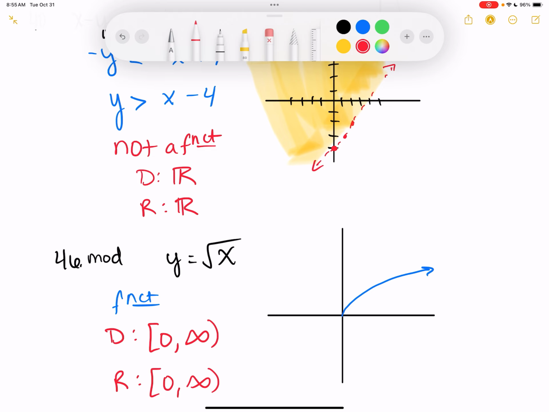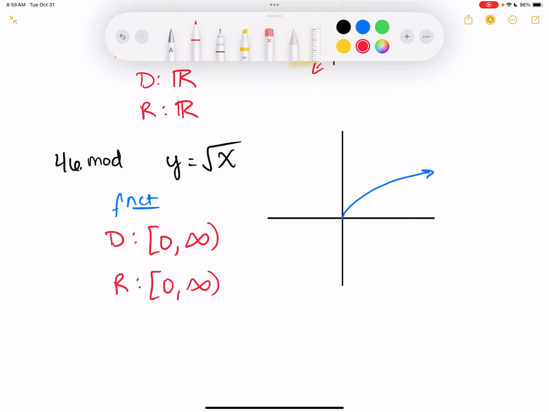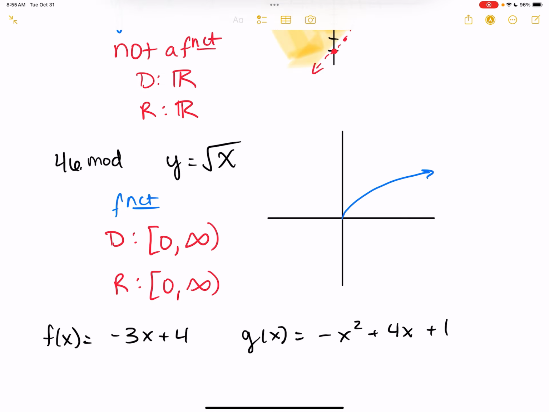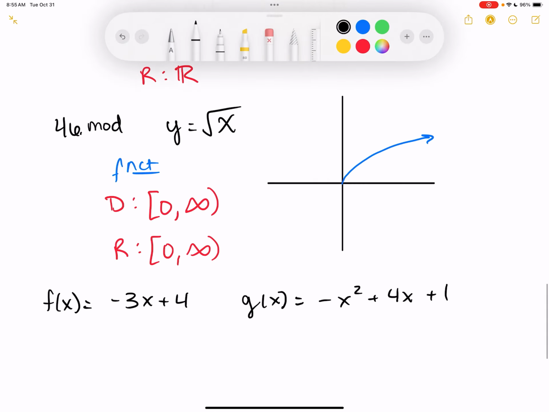All right, the last problems give us, they tell us f of x is equal to negative 3x plus 4, and g of x is equal to negative x squared plus 4x plus 1. And then they give us problems of things that we need to find. So like the first one is f of negative 3.